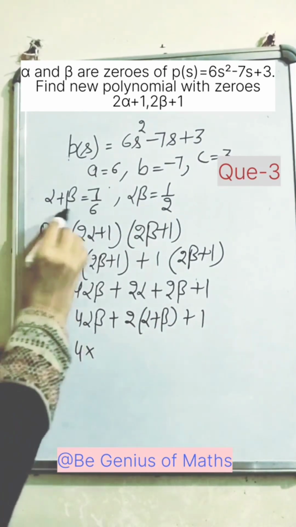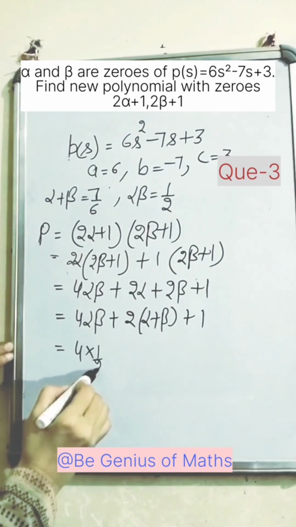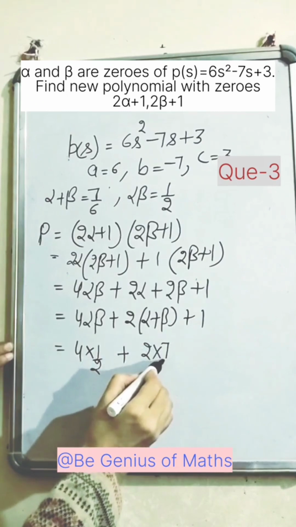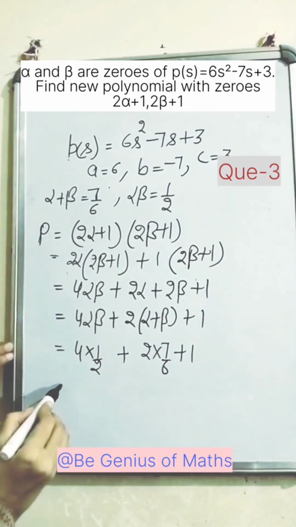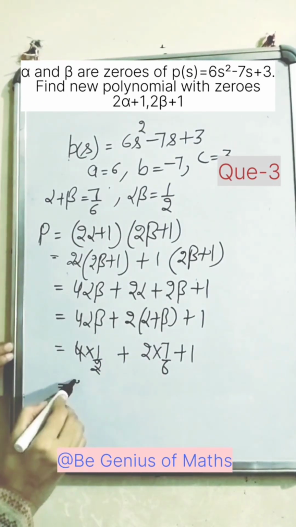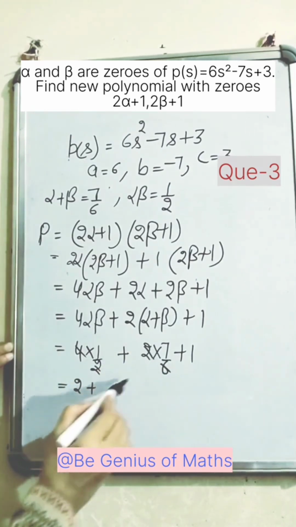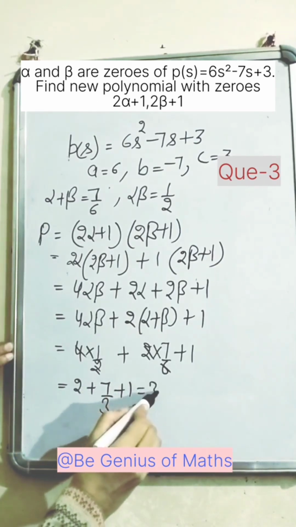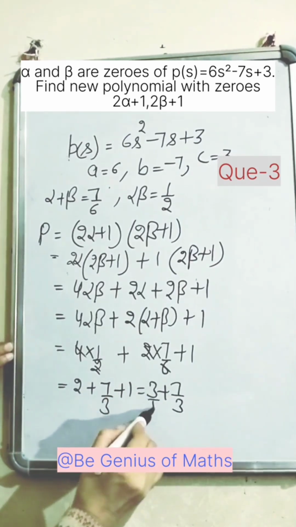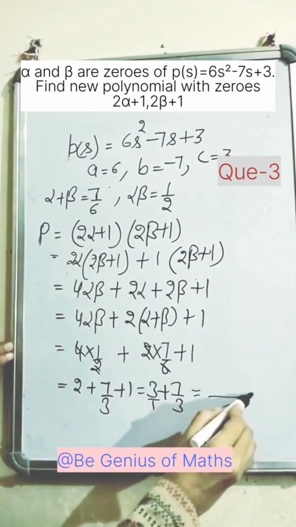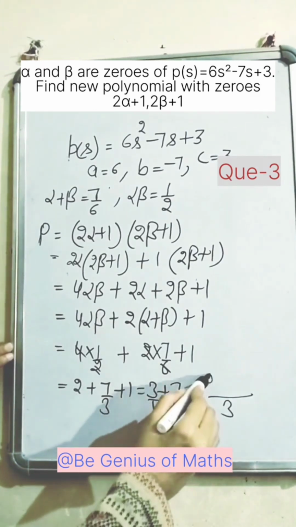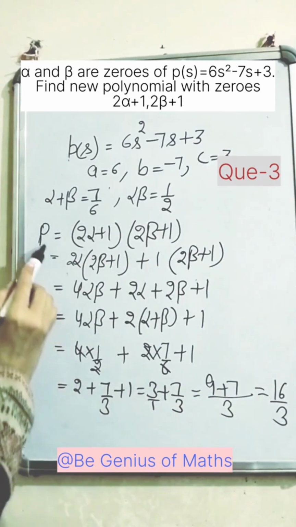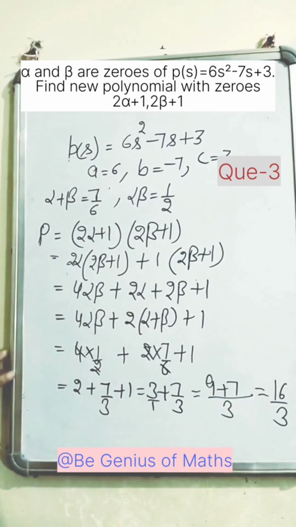Put the values of alpha into beta, which is 1/2. So this is the question where the values of alpha plus beta and alpha into beta are rational numbers in fraction. So by taking LCM, the product of new zeros is 16/3.